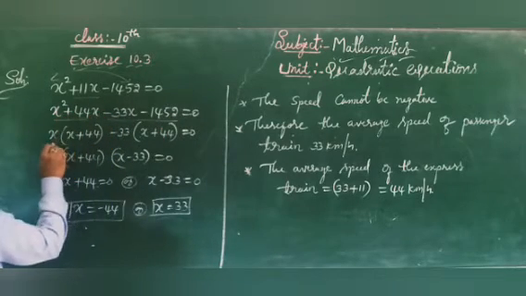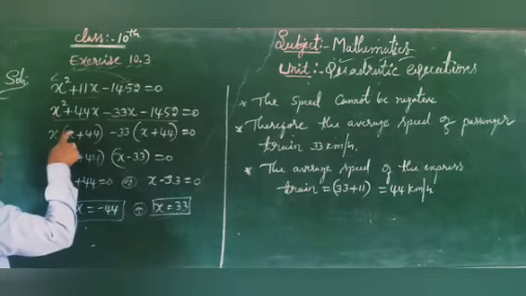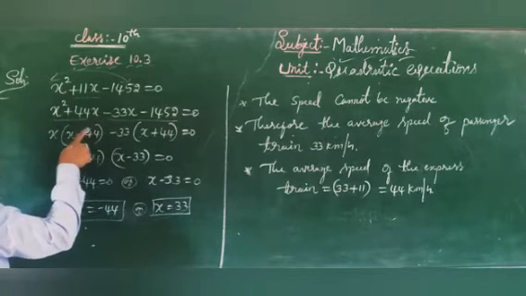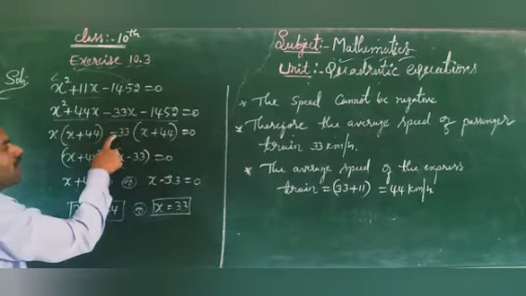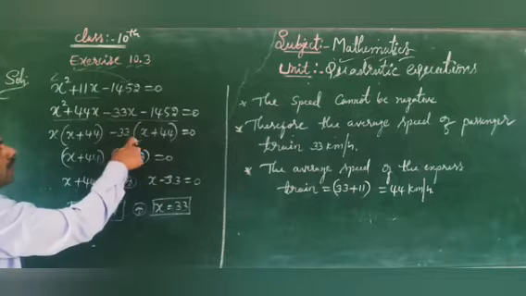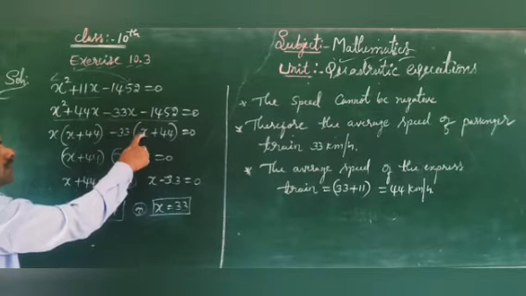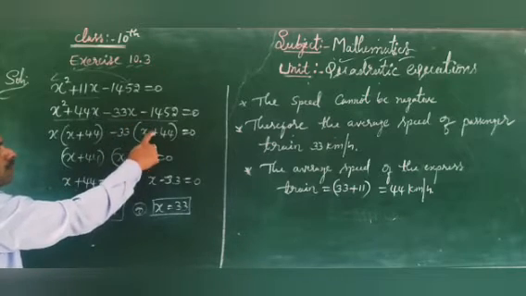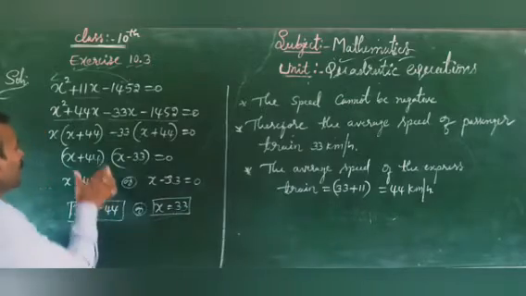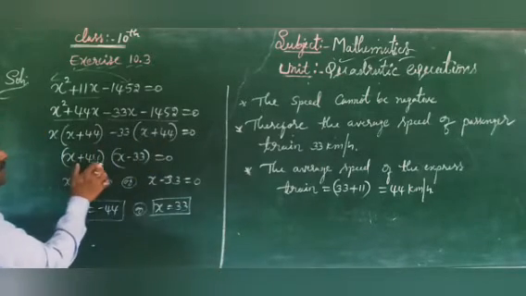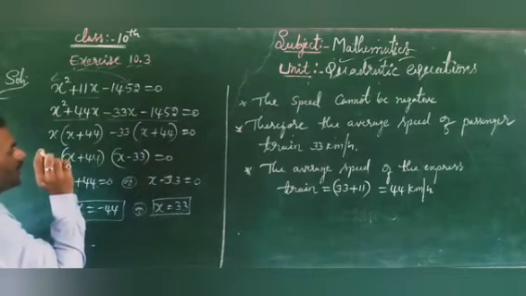Here take out common x: x into x plus 44, with x outside the bracket. Here common minus 33: inside the bracket, x plus 44, since minus into minus plus 33 into 44 is 1452. Inside the bracket, common x plus 44 into x minus 33.